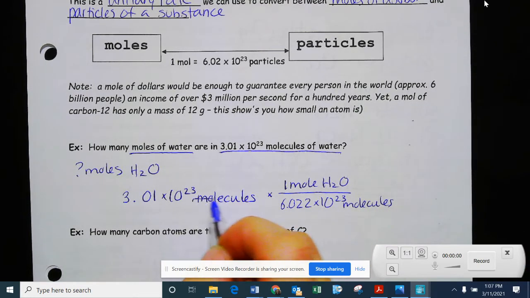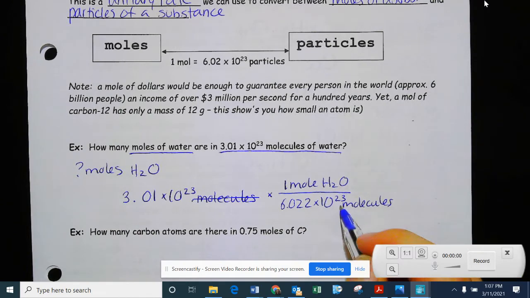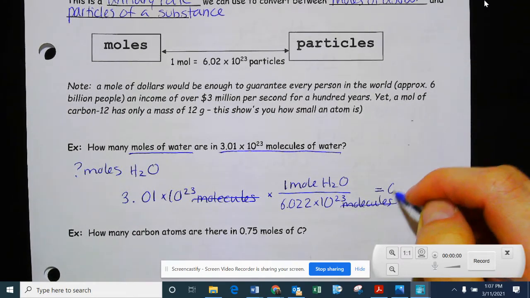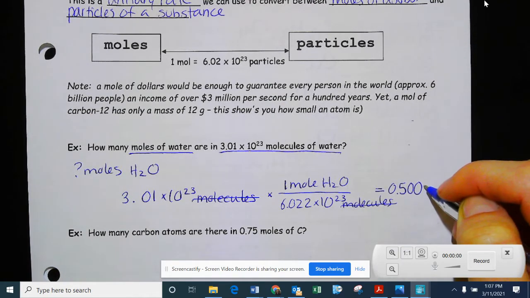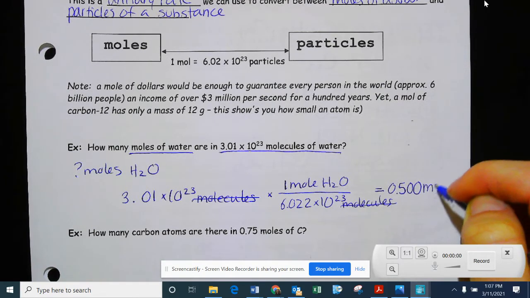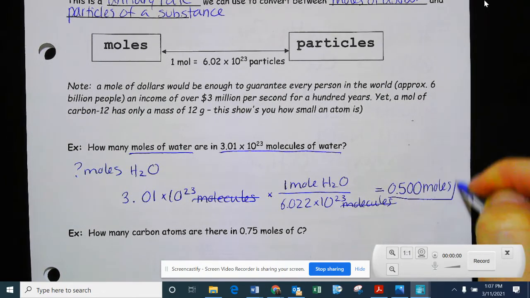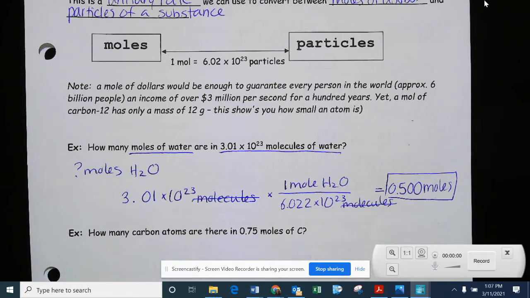So we're canceling out the unit of molecules here, and what we end up with is 0.500 moles. So it's half of a mole.